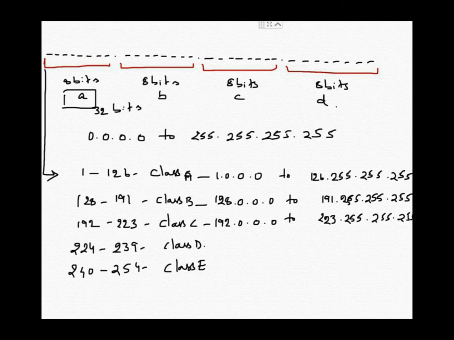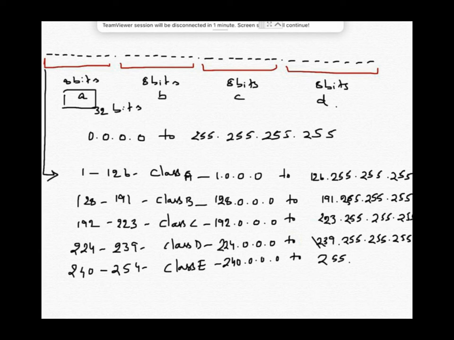Class D address range is from 224.0.0.0 to 239.255.255.255. Class E address range is from 240.0.0.0 to 255.255.255.255.